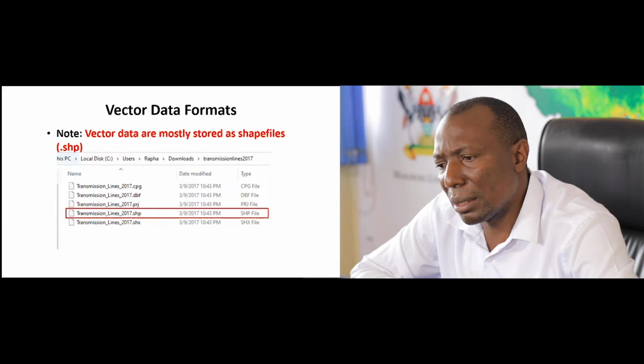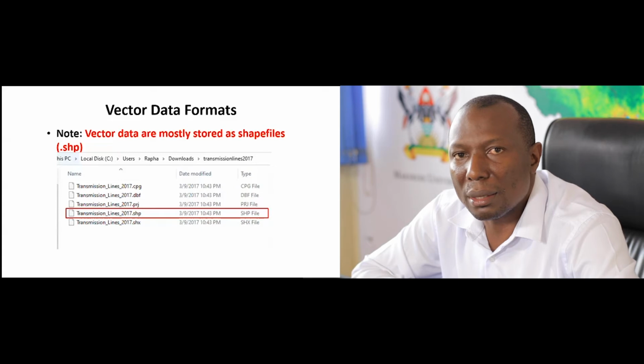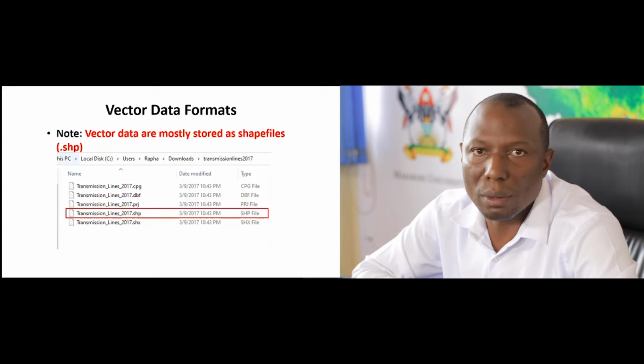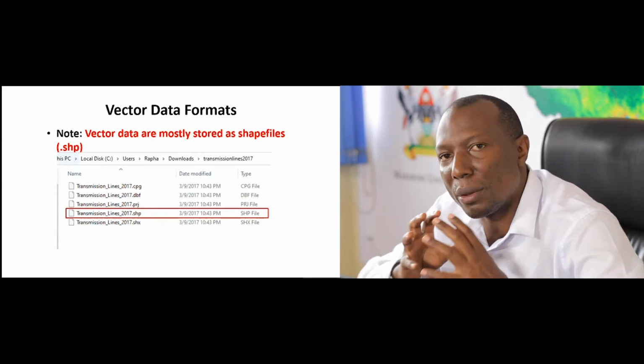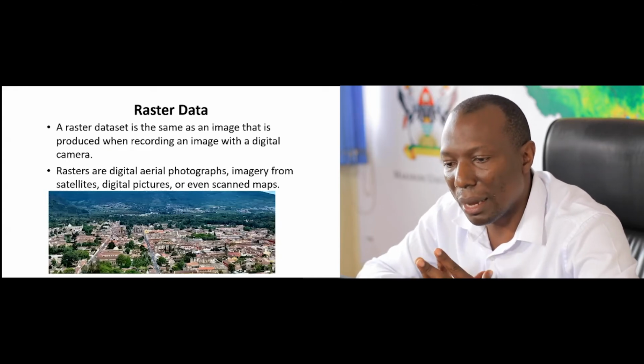Then for the rasters, raster datasets are an example of images. Whatever you record using your phone or your camera is raster in nature.